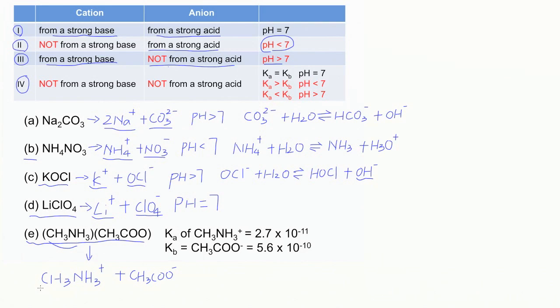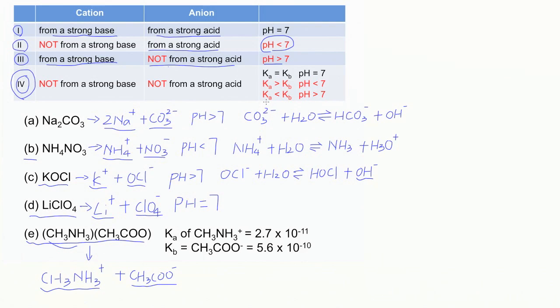Now, if you remember, this one is not from one of the strong bases we remembered, and this one is not from any one of the strong acids we remembered. So it looks like we have to follow what we have in number 4. Cation is not from a strong base, anion is not from a strong acid.